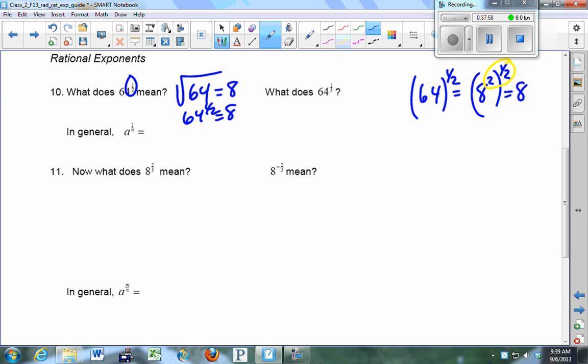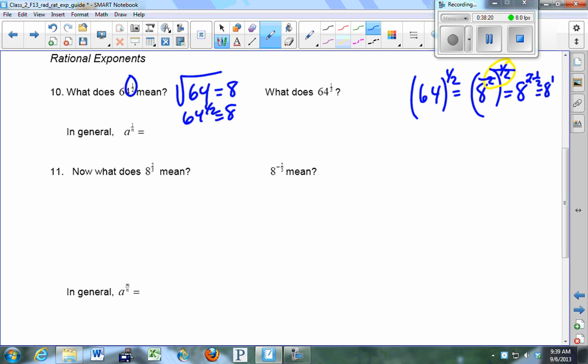You multiply, and 2 times 1/2 is 1. So you just come right back to 8, right back to the base. And as Tiffany noted, that's why those two things cancel each other out, because one is the 1/2 power and one is the power of 2. And 2 times 1/2 brings you back to 1. So you're just left with whatever your base is.